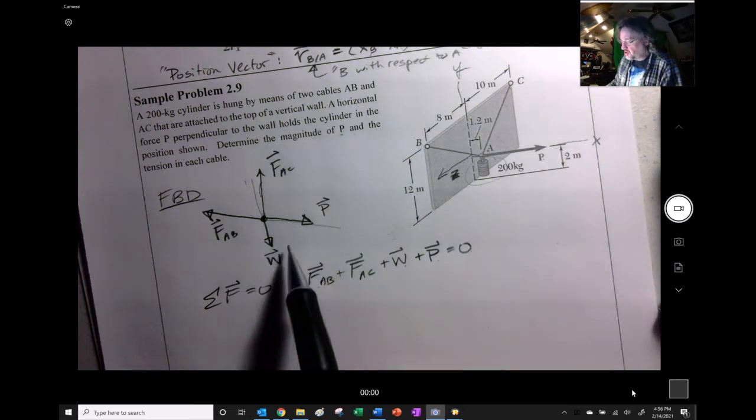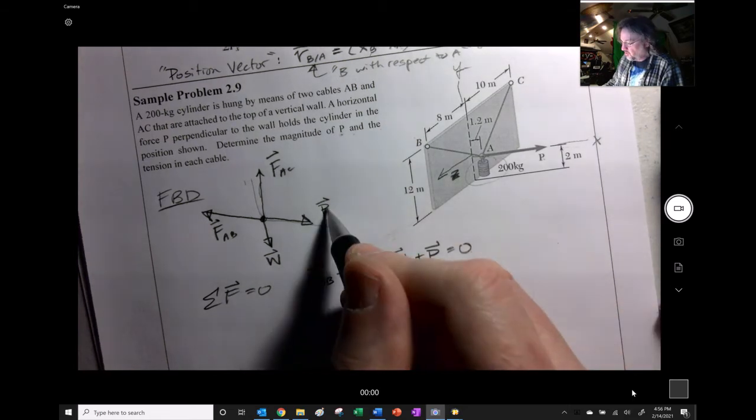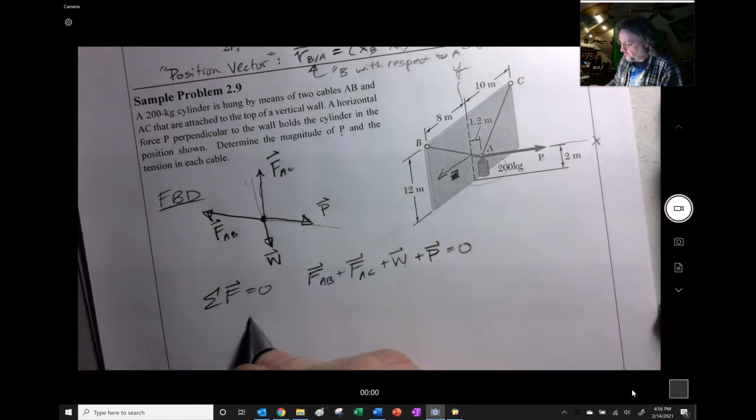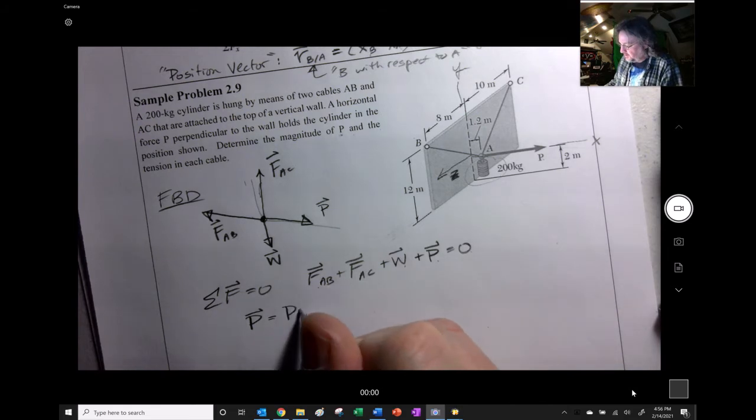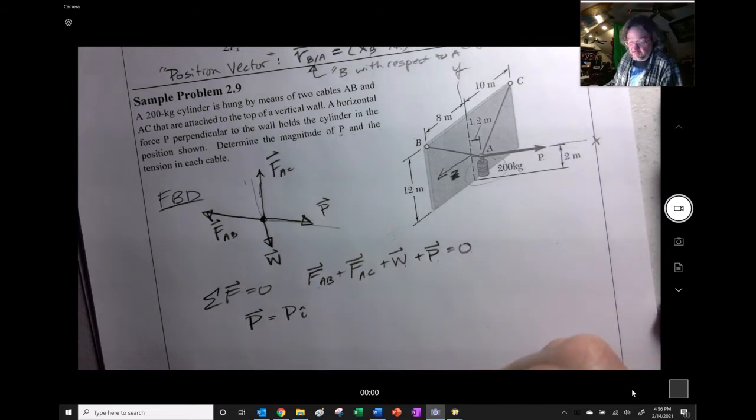Now we can start off with some preliminary things that we know. First off, we know the direction of P, so that's going to be P times I right there. This is the magnitude of P, and this is the P vector.